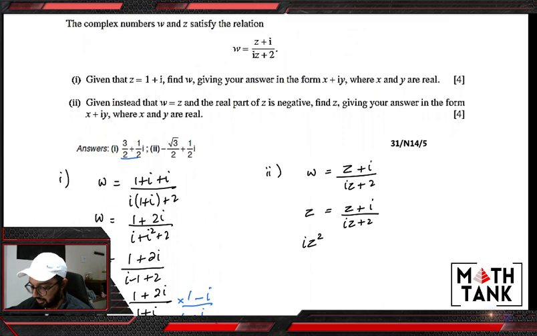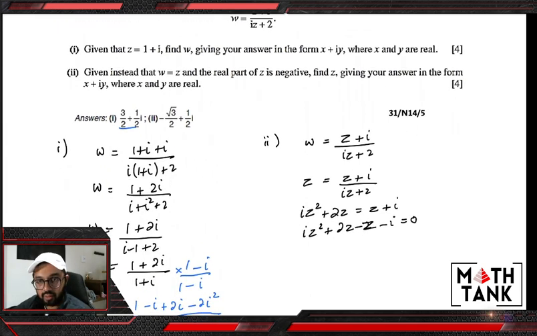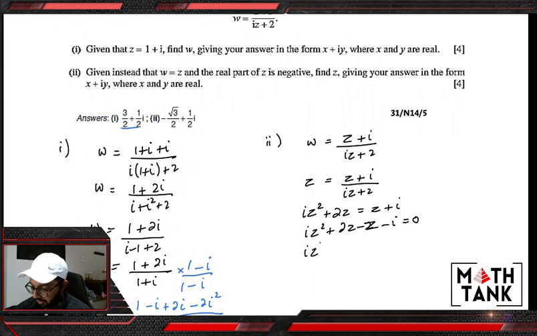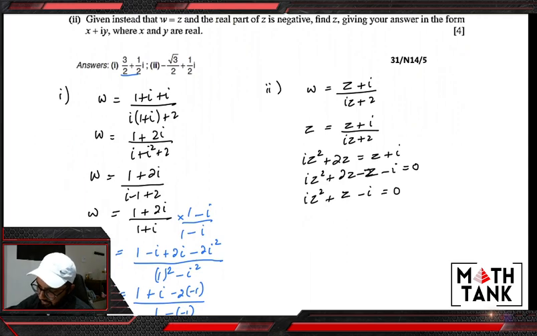If I cross multiply this, I get iz squared plus 2z equals z plus i. iz squared plus 2z minus z minus i equals 0. So what I have is a quadratic equation in z.